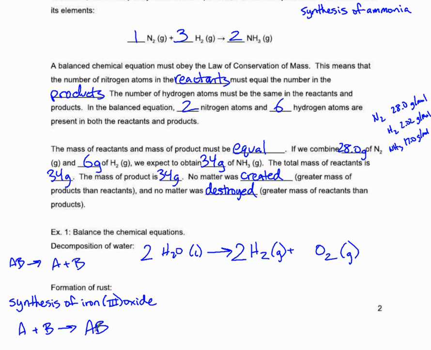And so we have iron, which is a solid, plus the oxide comes from oxygen, which remember is one of my diatomic molecules, oxygen gas, creating iron 3 oxide.